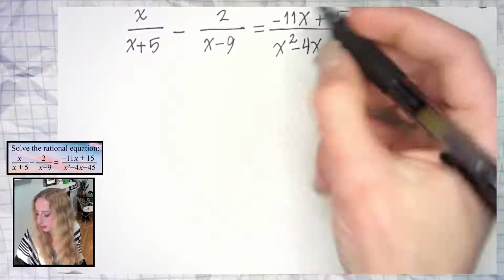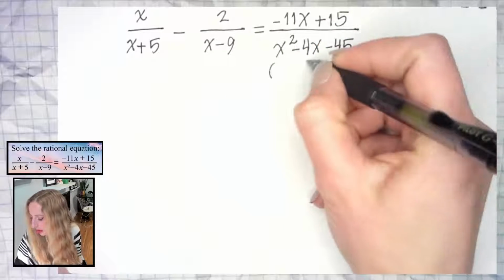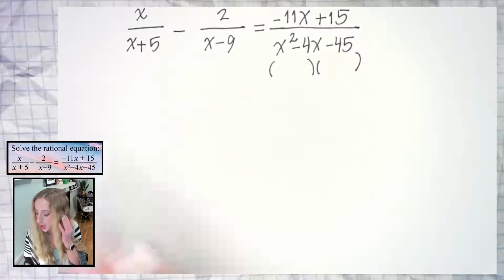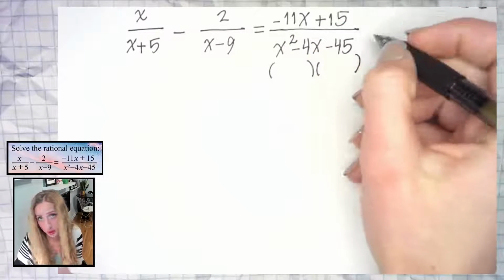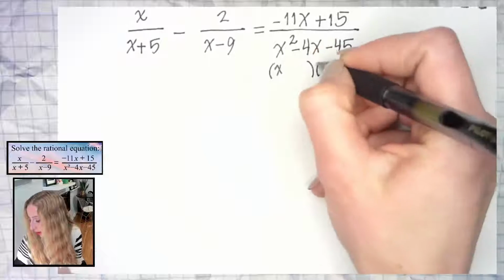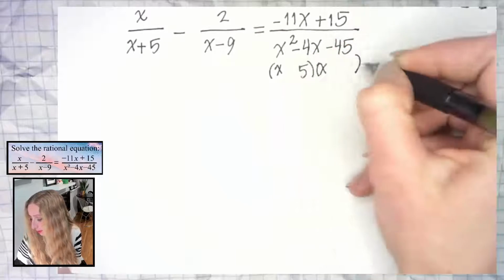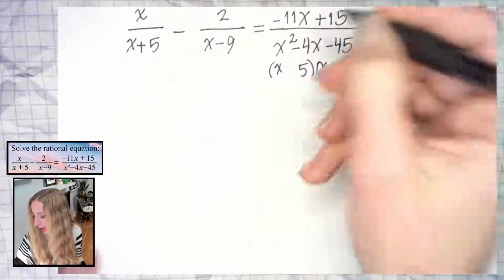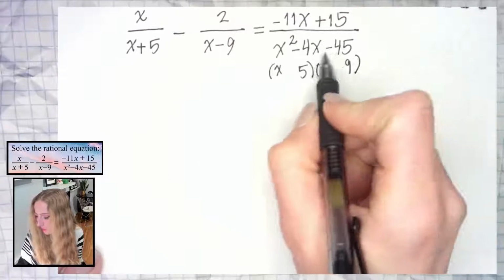Let's not dilly-dally, right? So maybe I'm being a little lazy and I just factor it right underneath the quadratic trinomial. So x, 5, and 9.